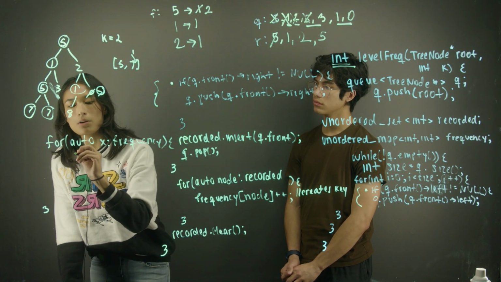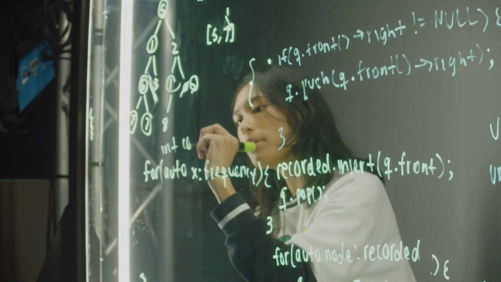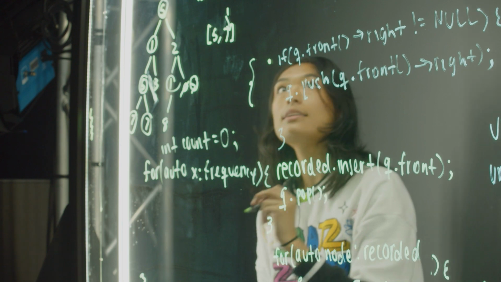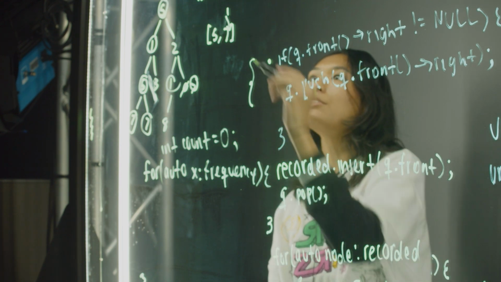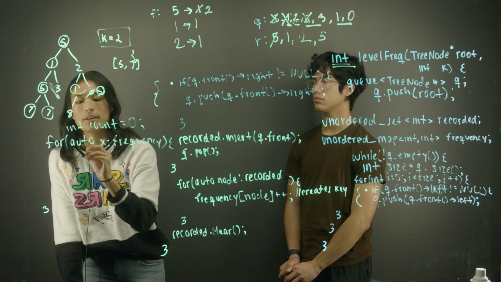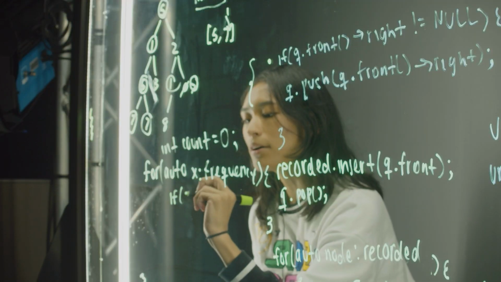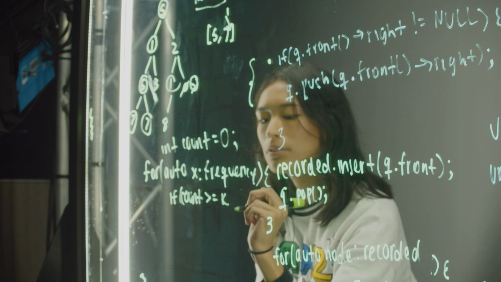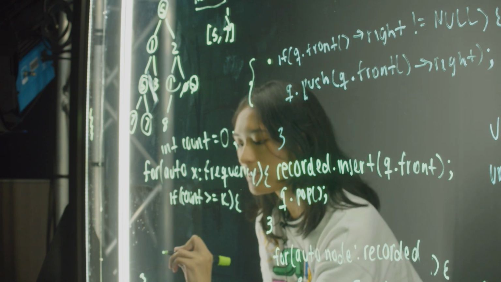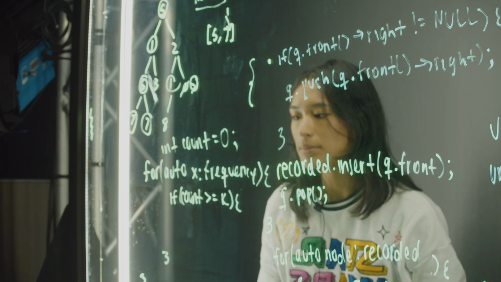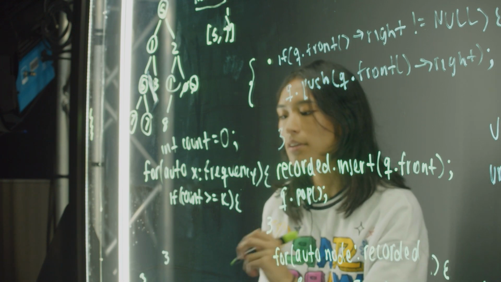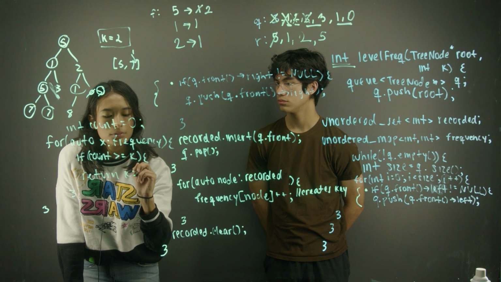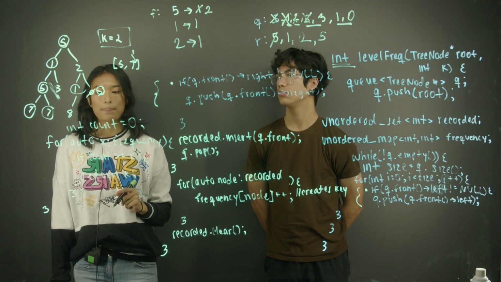Okay. So I'm also going to have a count variable, if count is equal to 0. And assuming k is 2, then I will do if count is greater or equal than k, so it's at least appearing k times, and at least in k levels, then I'm going to return k. That's when I will return k. Okay.